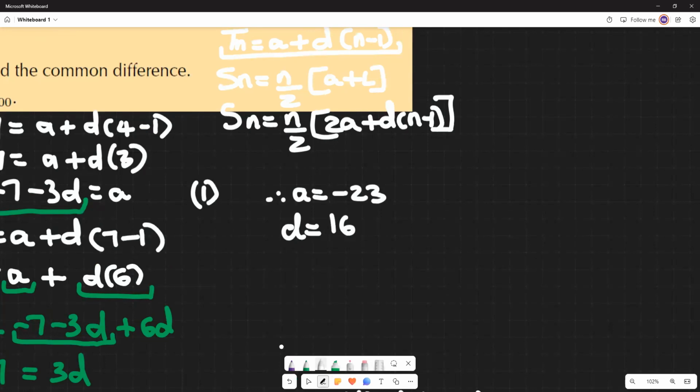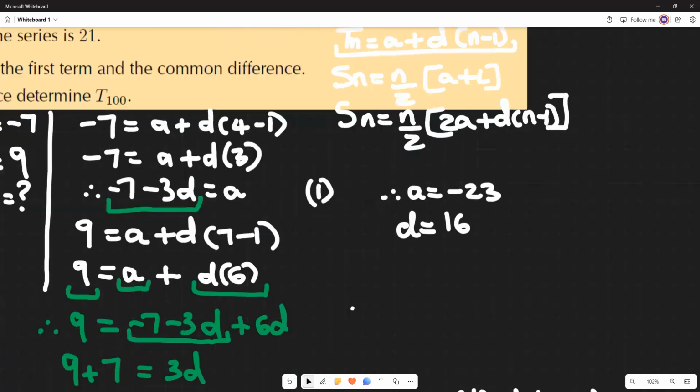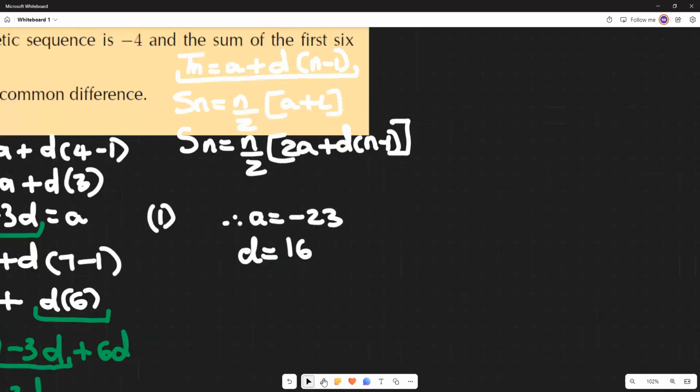And then they want S51. They want S51, which means my N is 51. Okay. Because they want the sum of the 51 terms. N is 51. Right. Now we can use this one because we have N, you have this, you have that.